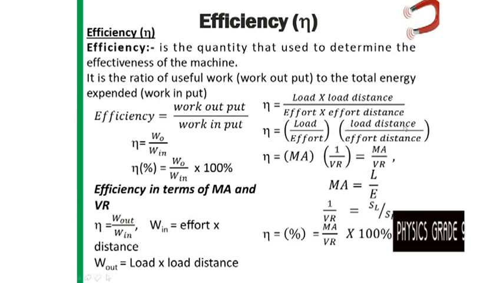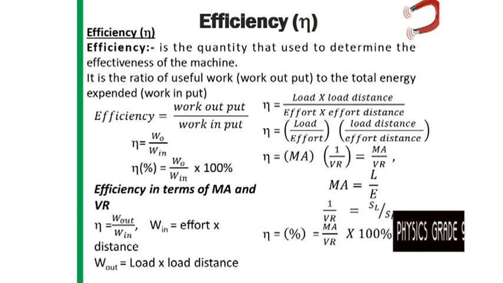Now, you can probably see why load distance over effort distance would be equal to 1 over the velocity ratio, because we've just inverted load distance and effort distance here. So what we can say is that the efficiency is equal to the mechanical advantage multiplied by 1 divided by the velocity ratio. And that would give us the mechanical advantage divided by the velocity ratio.